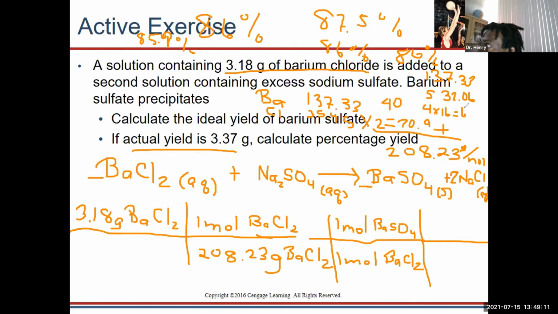Okay. So we have 4 times 16 plus 32.06 plus 137.33. So we end up with, in this case, 238.